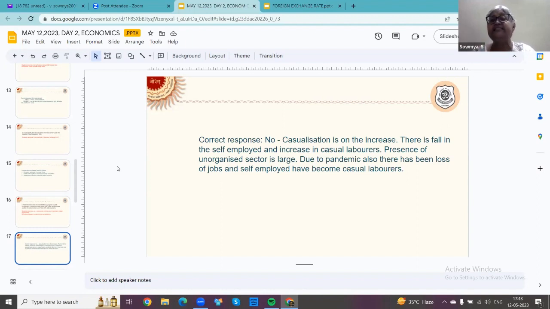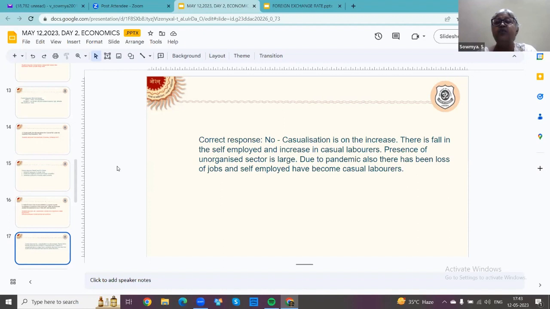Yeah, but then in the textbook, if you remember, there are bar diagrams and also pie diagrams, circular diagrams, which give them the statistics about the percentage of population engaged in casual work and the percentage engaged in permanent work. And we see that there is a very big shift from self-employed to casual laborers.